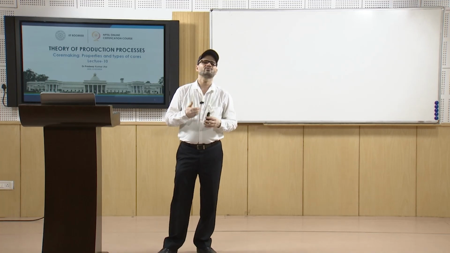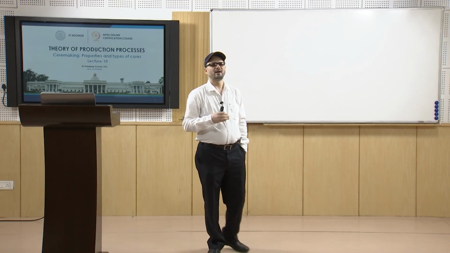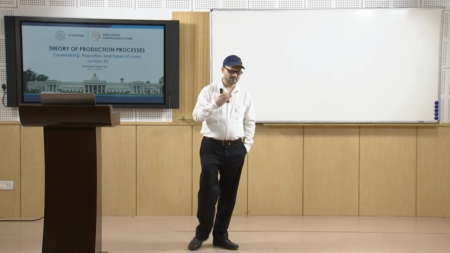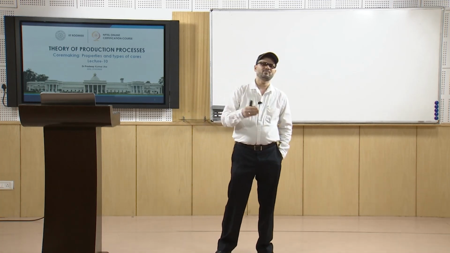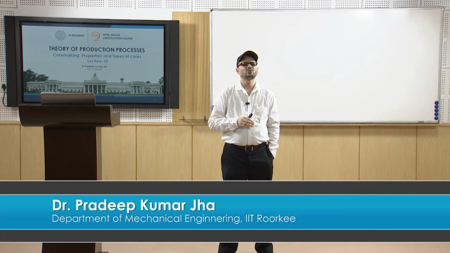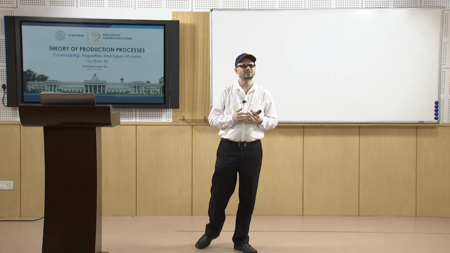Now, there are many kinds of core defects also. We must make sure that you do not have these defects. For that, you must from time to time see that the parameters for making the cores are properly controlled. One is gauge or size; you should have the core of proper size.